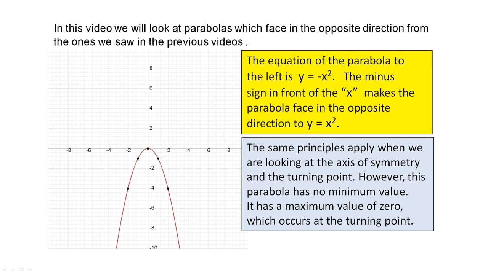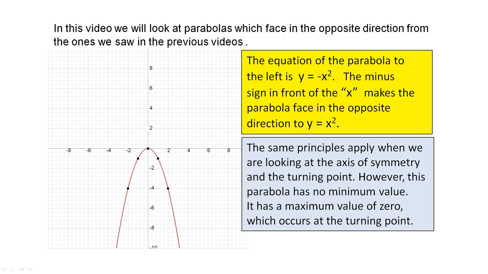In this video, we will look at parabolas which face in the opposite direction from the ones we saw in the previous videos. The equation of the parabola to the left is y equals minus x squared. The minus sign in front of the x makes the parabola face in the opposite direction to y equals x squared.